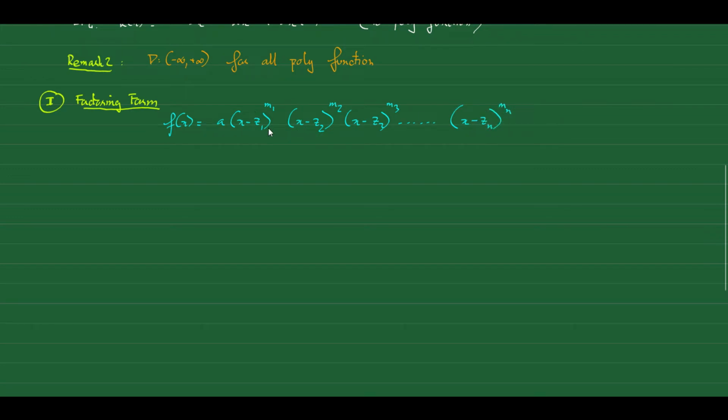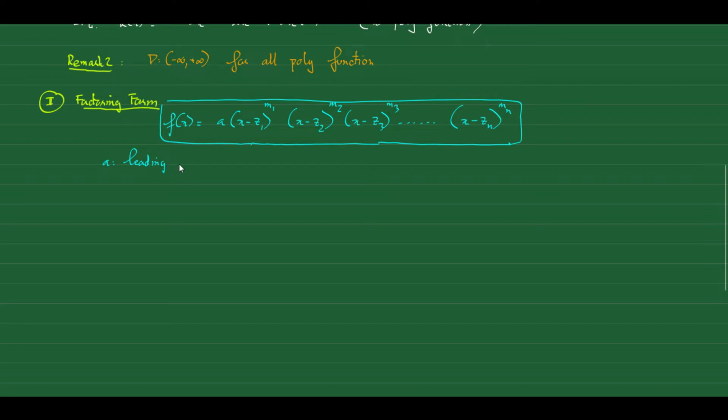So what do m1, m2, m3, and z1, z2, z3 mean? Let's see how we're going to explain it. What do those letters mean? First of all, the a value here is still the leading coefficient. I'm sorry about the background.